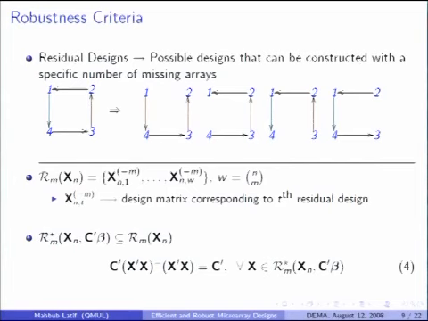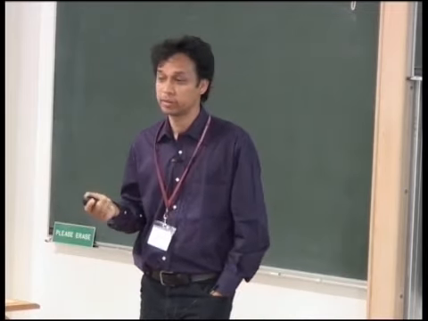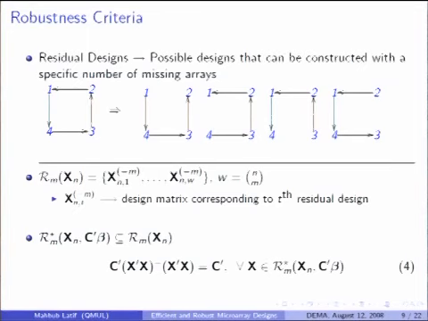The robustness criteria we have defined are based on residual design. What is residual design? Residual design is the possible design that can be constructed with a specific number of missing arrays. For example, if we have a design with 4 arrays, then we could have 4 residual designs with 1 missing array. Each of these is a residual design.